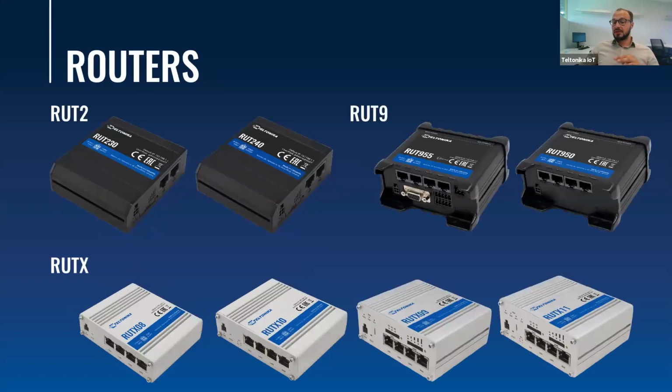Also, we have 3 series of routers: RUT2, the best sellers, with 1 SIM card, RUT9 series with 2 SIM cards, and RUTX series routers, of which 2 are seller ones and 2 non-seller ones.